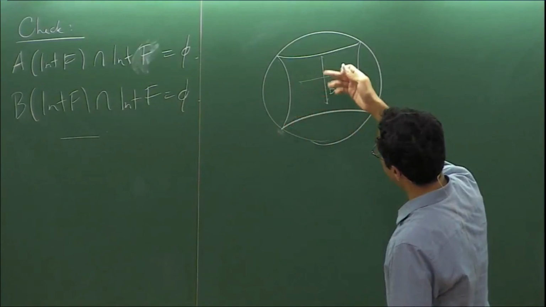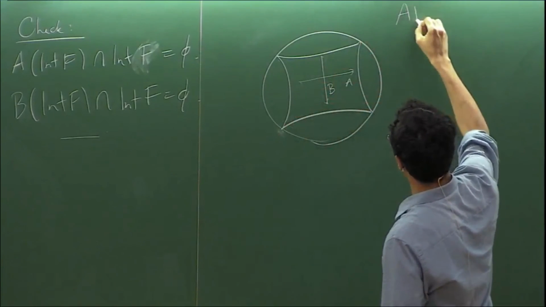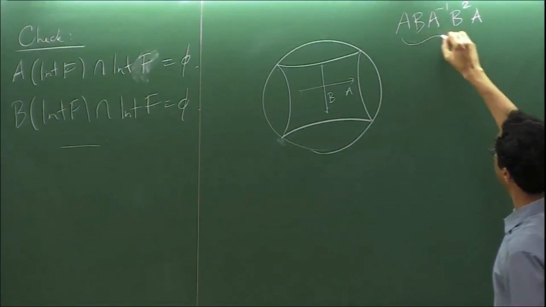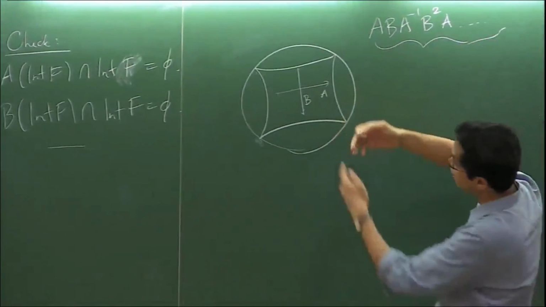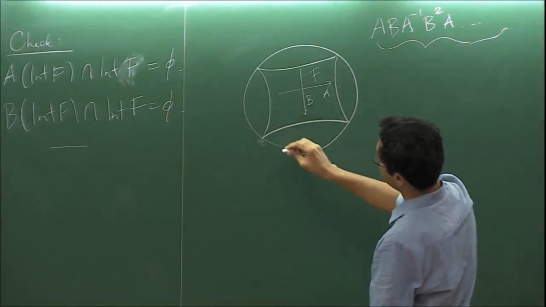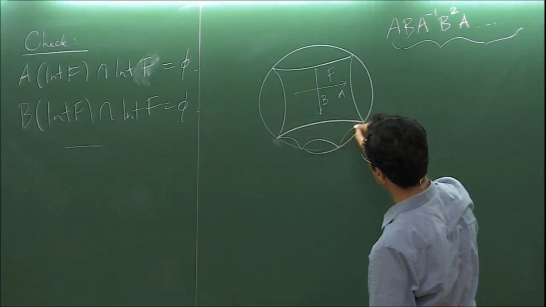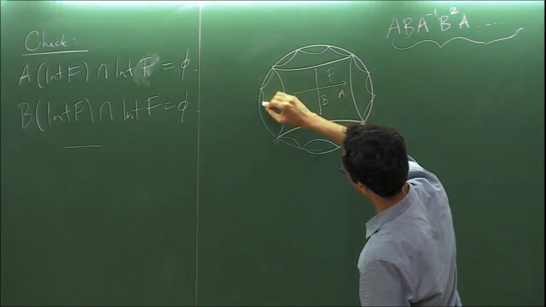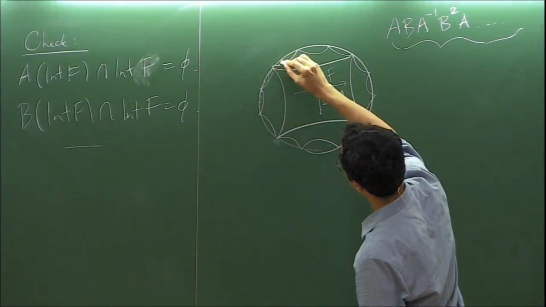If you act on the picture by some word in A and B, you can make it a long word, and you hit F with that, you get another tile. And there's a tiling of H2 by these fundamental regions, which looks something like this, right?